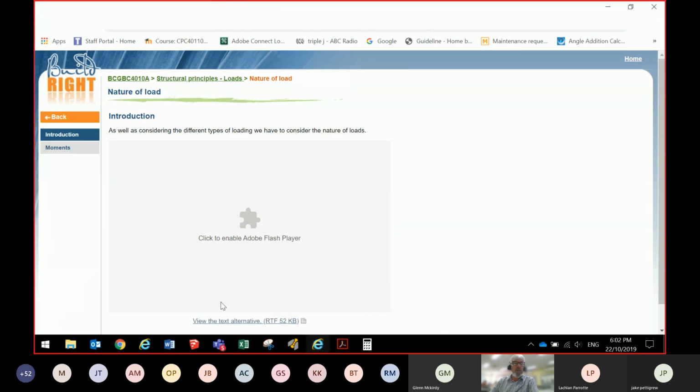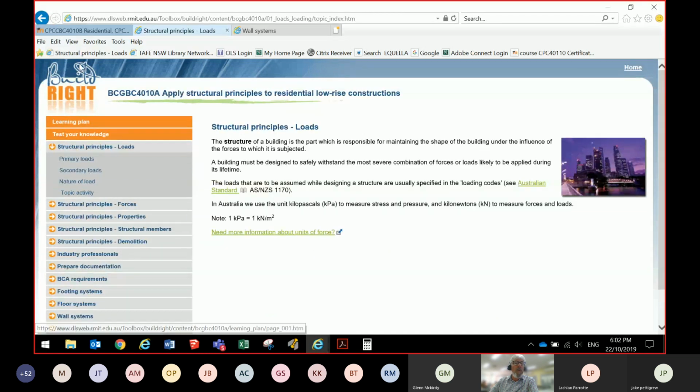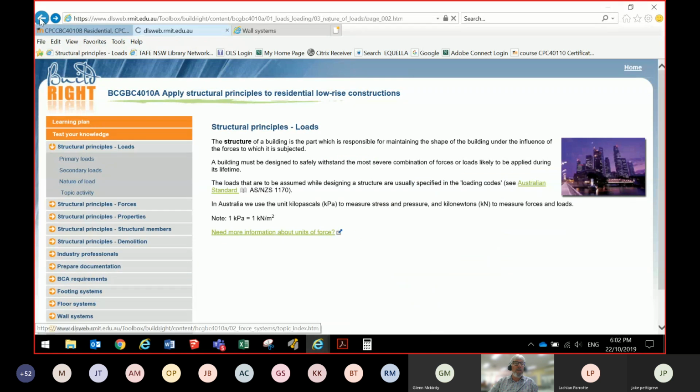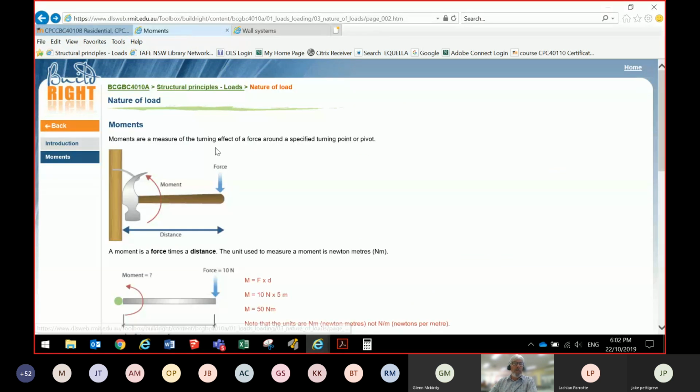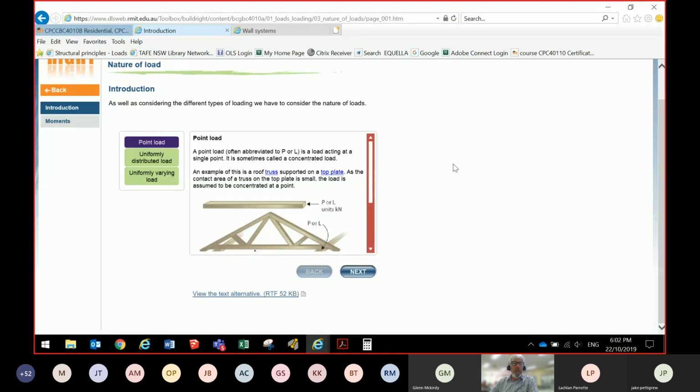I did have Moments up there a second ago. There's our Moments. So Moments has an introduction. I think I may have already talked to you a little bit about this, but on this toolbox, we're going to be introduced to 3 new terms.